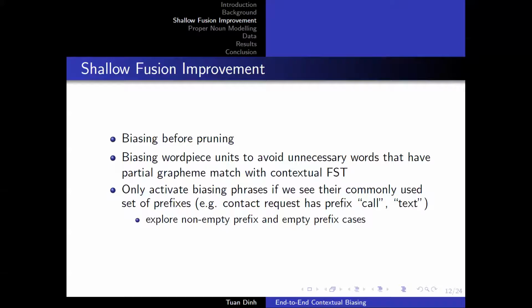We bias the wordpiece units to avoid unnecessarily flooding the beam with lots of unnecessary words that have a partial grapheme match with the contextual FST.